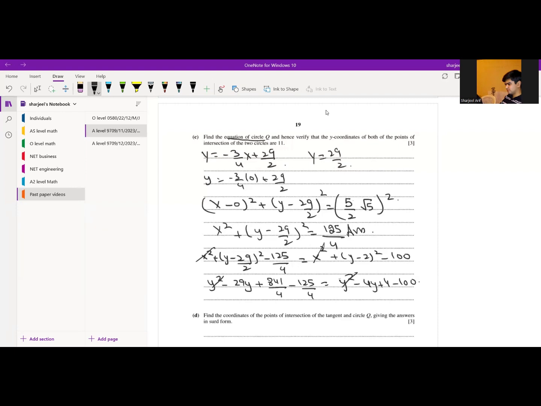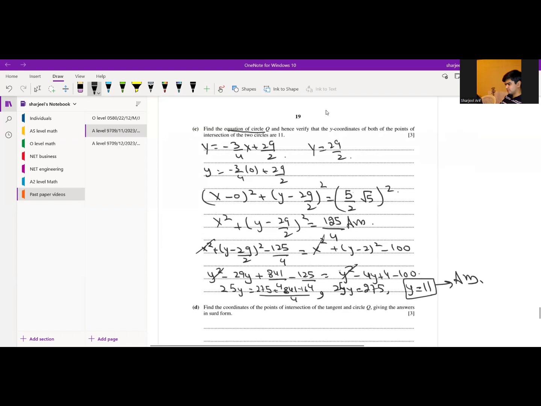So you will get 25y equals 275 plus 841 minus 16 divided by 4. So 25y will be equal to 275 and y will be equal to 11. So that's what we have to prove, and that's our answer.